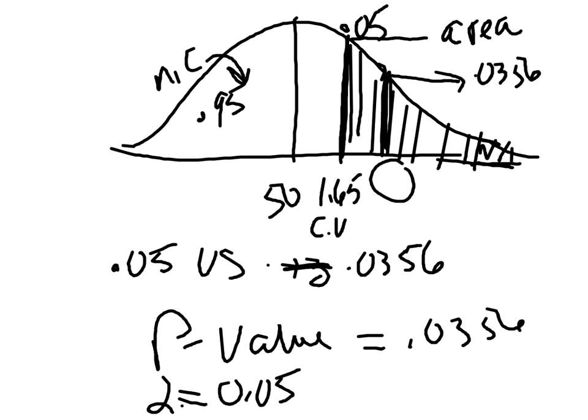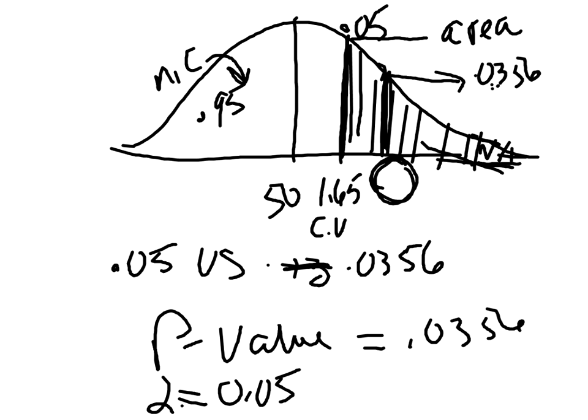Well, clearly, if we got a z-value bigger than 1.65, its area would correspond to 0.0356, and clearly we would still reject the null hypotheses because 0.0356 is further into the tail, and obviously as we get further into the tail, the area in the tail gets smaller.